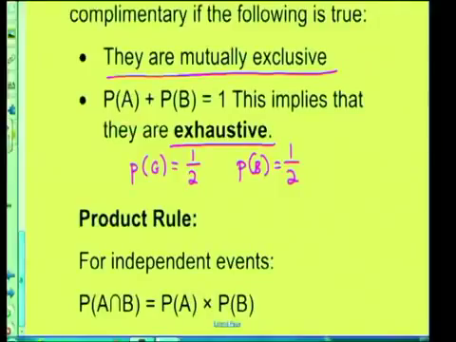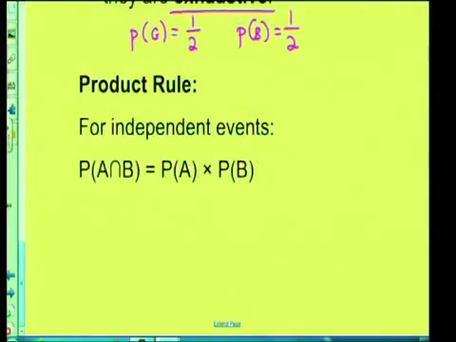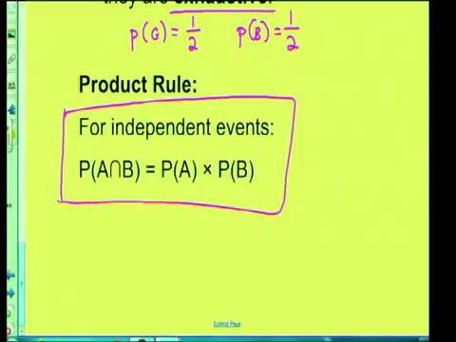Okay, now let's look at the product rule. And the product rule says for independent events, the probability of A intersection B, or A and B, is equal to the probability of A times the probability of B. Now this is going to be extremely useful because really when we are doing exam papers and we're setting test papers, often they will ask you, are the events mutually exclusive?